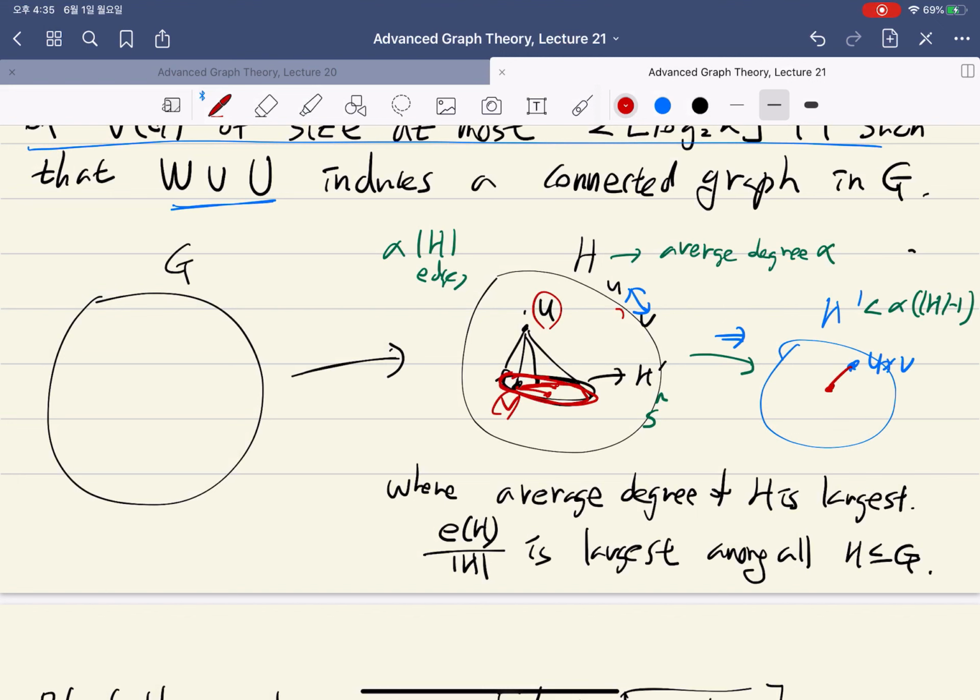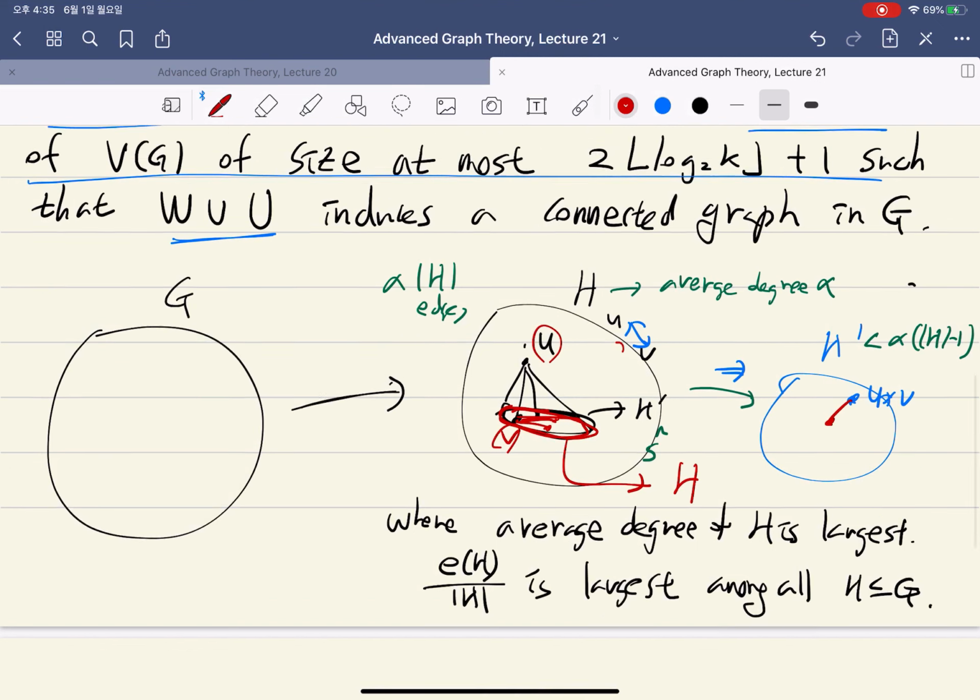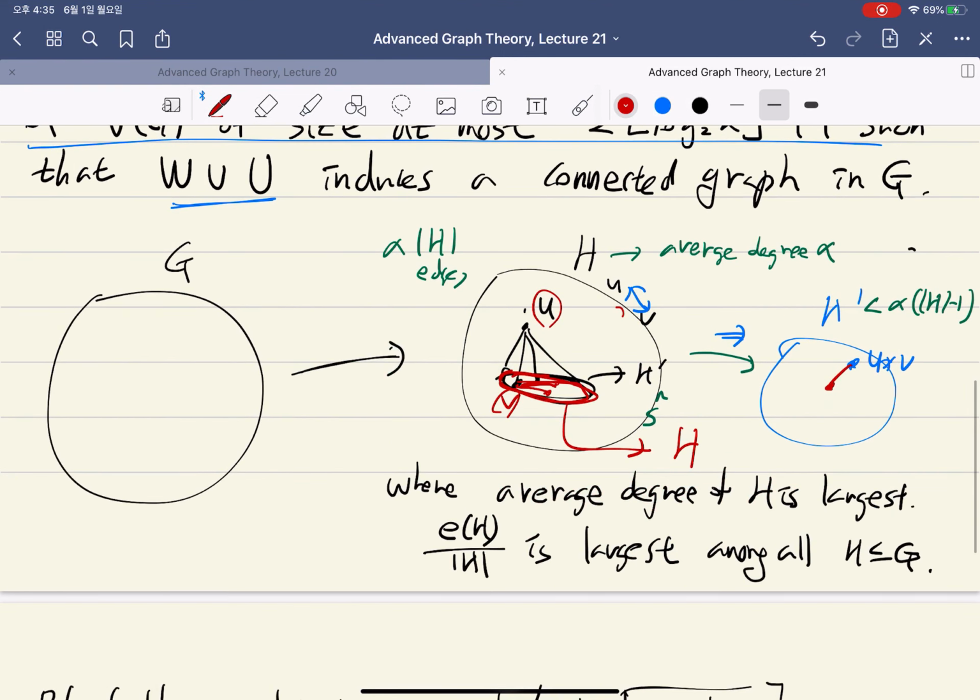So if we take this as our choice of final H, as before, then we can guarantee a certain minimum degree. With some computation, we can actually show that this satisfies the condition that we want. Again, because u and v have so many common neighbors, v has many neighbors inside the neighborhood of u.